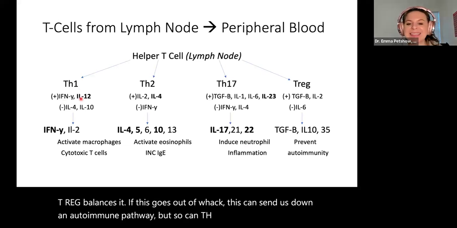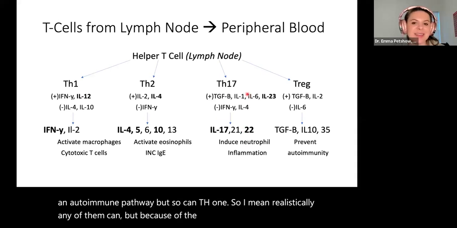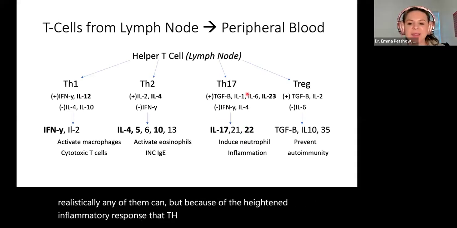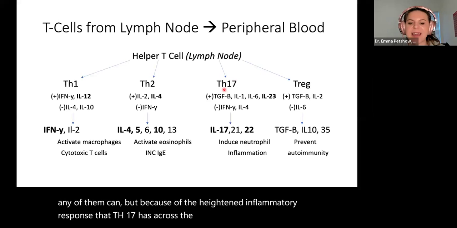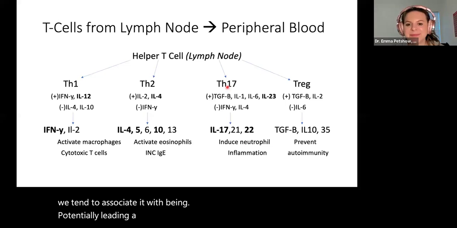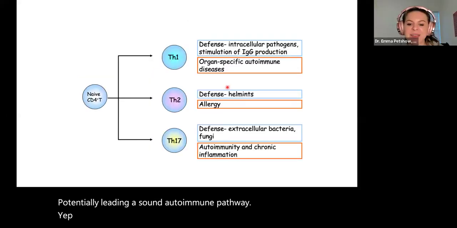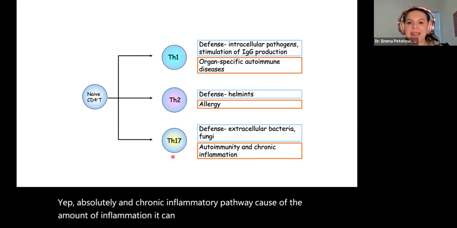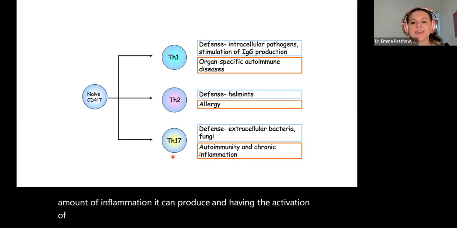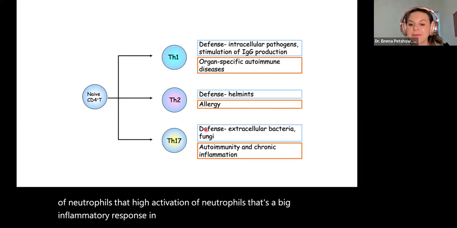Realistically, any of them can, but because of the heightened inflammatory response that Th17 has across the body, that's why we tend to associate it with potentially leading us down an autoimmune pathway. Okay, gotcha. Thank you. Yep. Absolutely. And a chronic inflammatory pathway because of the amount of inflammation it can produce. And having that high activation of neutrophils is a big inflammatory response in itself, and that can take a while to tamper down.